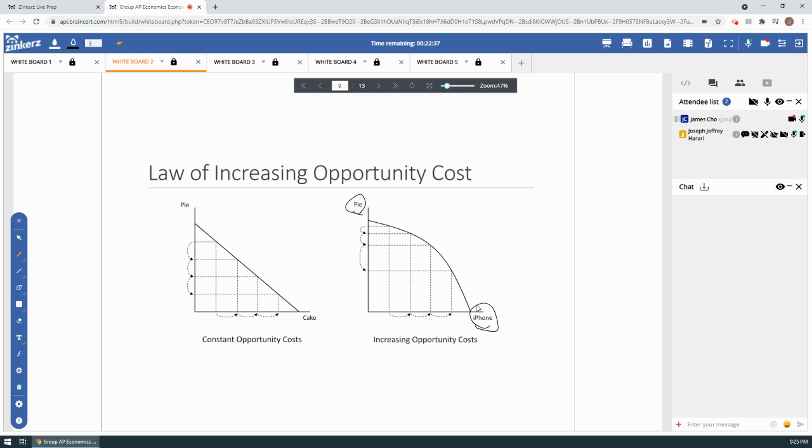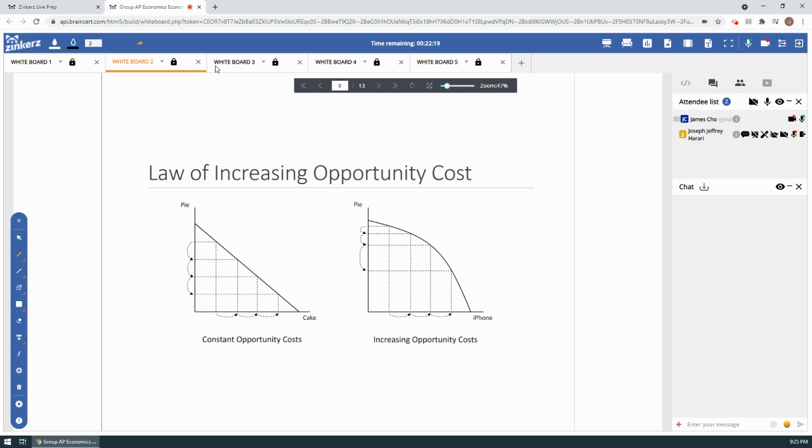These are two completely different products. I don't think they have any resources in common. For pies, you need the flour, the sugar, the eggs. For iPhones, you need computer chips, glass, and metal.